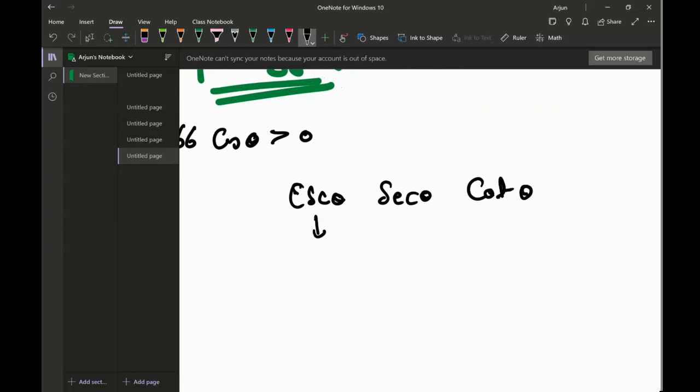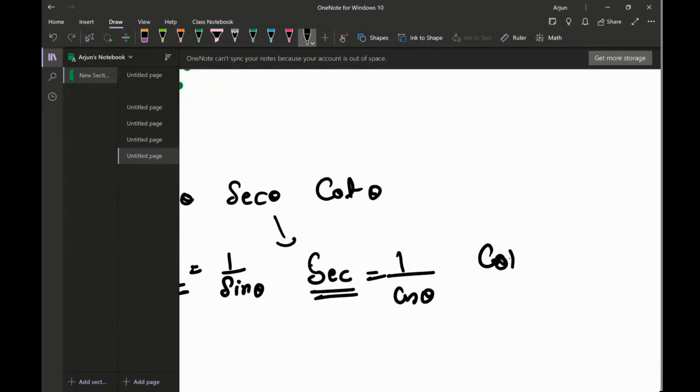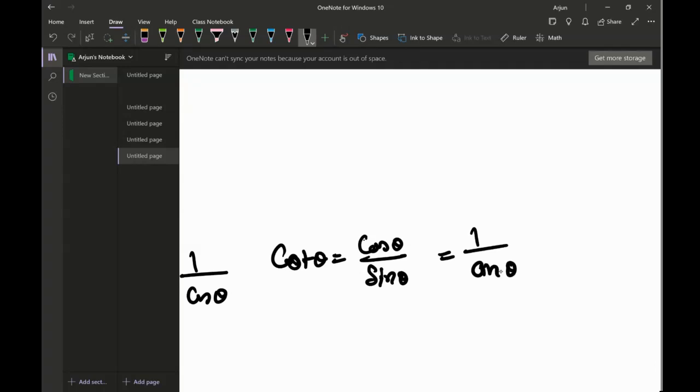Cosecant theta is the inverse of sine theta, so cosecant theta is 1 upon sine theta, and secant theta is 1 upon cos theta, and cot theta is cos theta upon sine theta, or you can also write it as 1 upon tangent theta. That's the relationship we have.